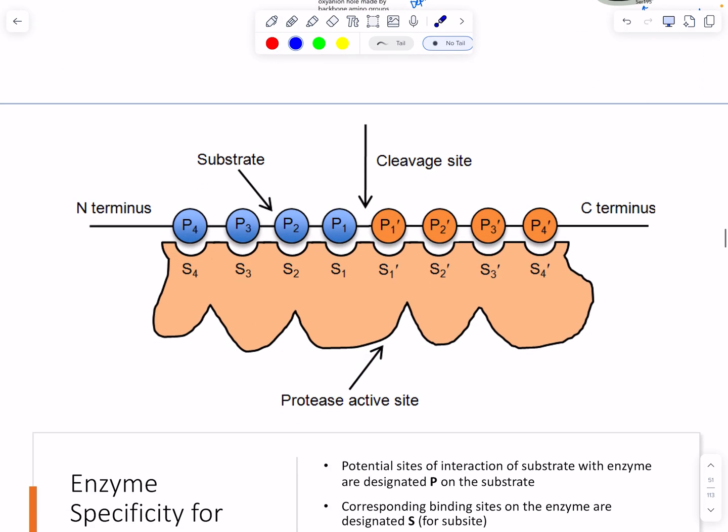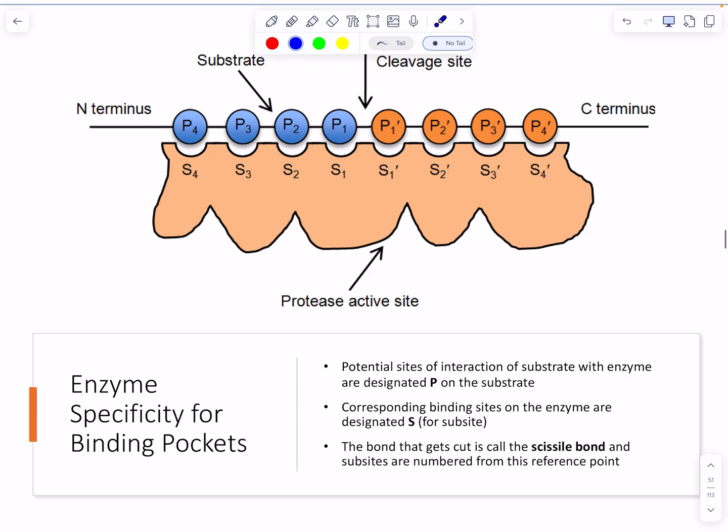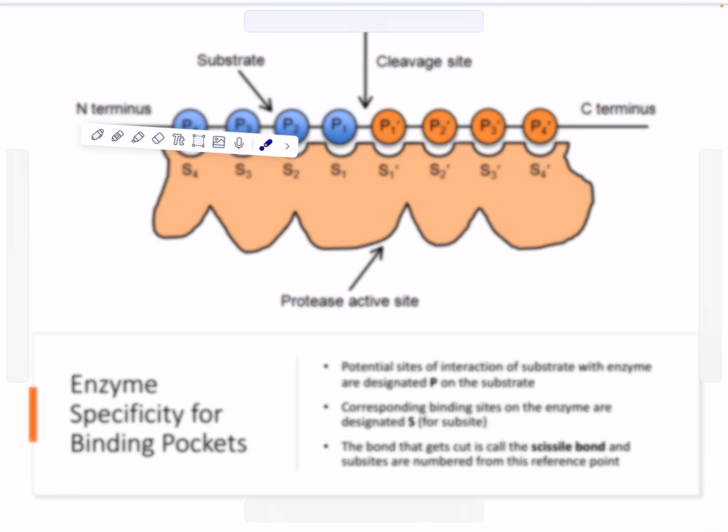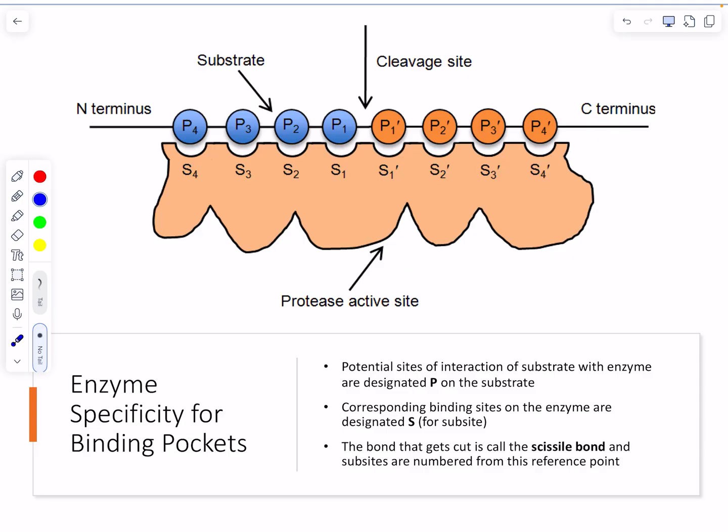So when we talk about active sites, we will often talk about specificity pockets, and we'll define the regions of the active site that are responsible for the initial binding of the substrate, that first step in our conceptual picture of what enzymes do.